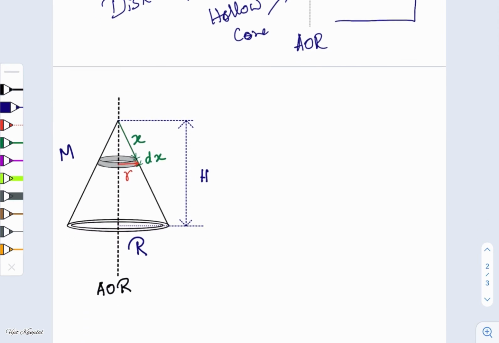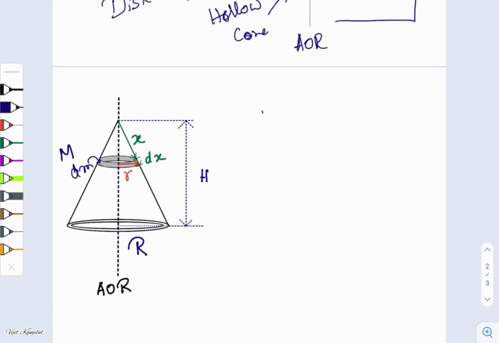What we are going to do is, at a distance x from this point, we are going to consider an elemental ring of thickness dx. What is going to be the mass of this elemental ring? Let's say that the mass of this elemental ring is dm.